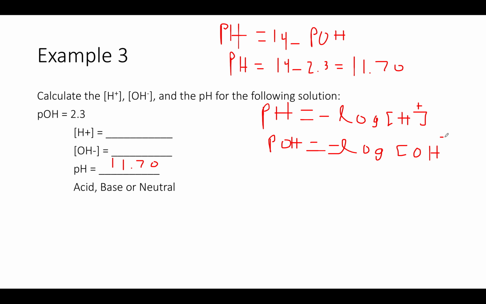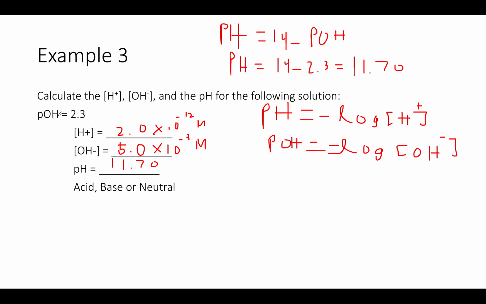When you do the math there, you get the hydroxide ion concentration to be 5.0 times 10 to the negative third molar. And when you take the inverse negative log of the pH, you get the hydrogen ion concentration of 2.0 times 10 to the negative 12th molar.